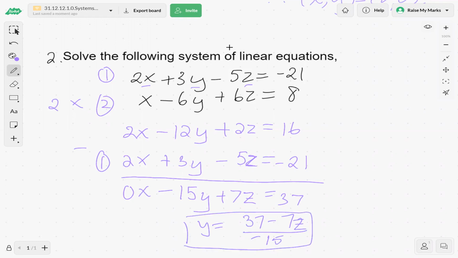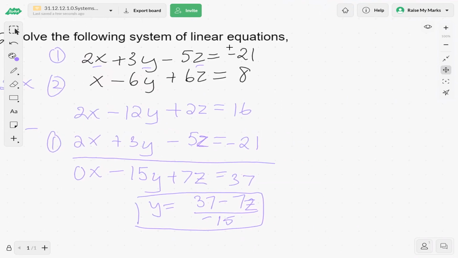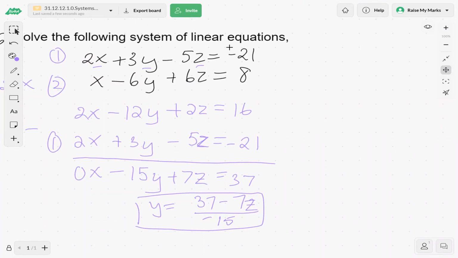So now that we have that, we can take this y value and plug it into either equation 1 or 2 and solve for x. Actually, why don't we plug it back into 2? That probably looks easier.